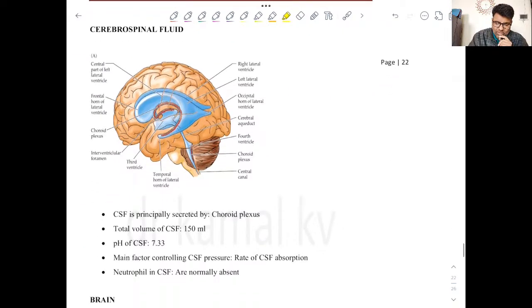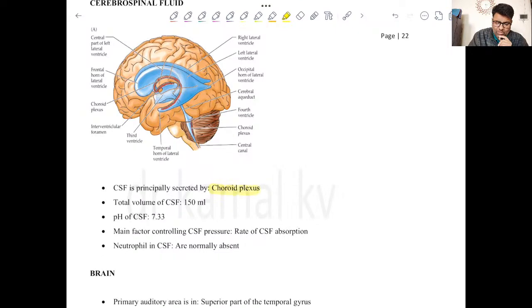Then CSF, it is produced by choroid plexus. Now the circulation, there are 2 lateral ventricles in the cerebral hemispheres, right? So these are the lateral ventricles, the cavities within the cerebral hemispheres, right? So you can say this is all cerebral hemisphere.